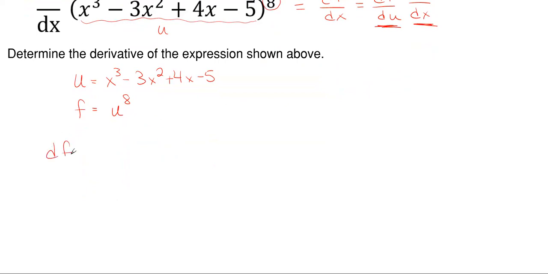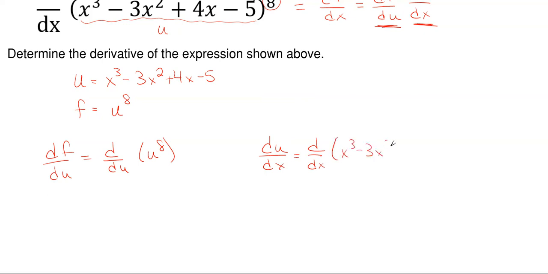So df du is going to be d du of u to the power of 8. And then our du dx is going to be d dx, or the derivative with respect to x, of the u equation of x cubed minus 3x squared plus 4x minus 5.